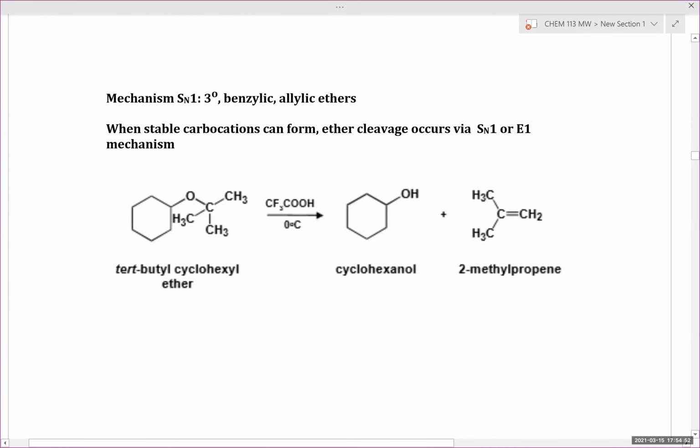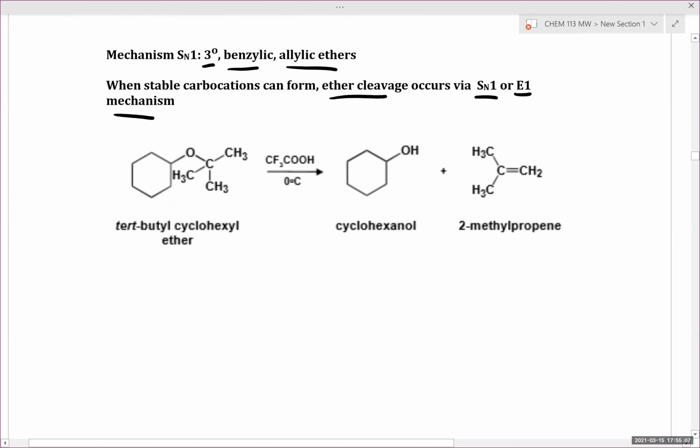So when you have a tertiary, benzylic, or allylic ether, rather than operating under SN2 conditions, ether cleavage occurs via an SN1 or E1 mechanism. So for example, if we have tert-butyl cyclohexyl ether, so we have a tertiary and a secondary site, and we treat it with trifluoroacetic acid, it's a pretty strong acid.